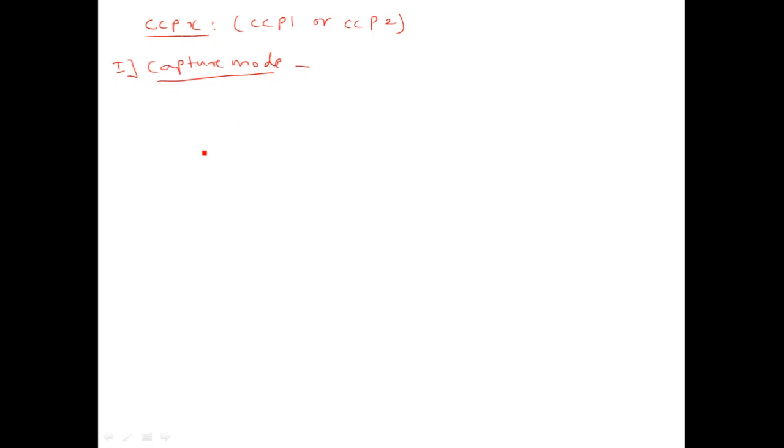Each of these modules has a count register, and that count register is CCPR1H and CCPR1L. This is for CCP1.